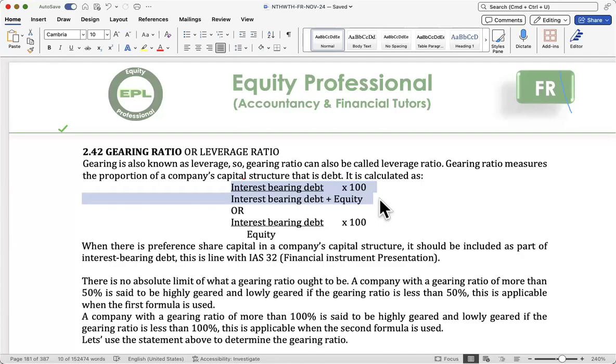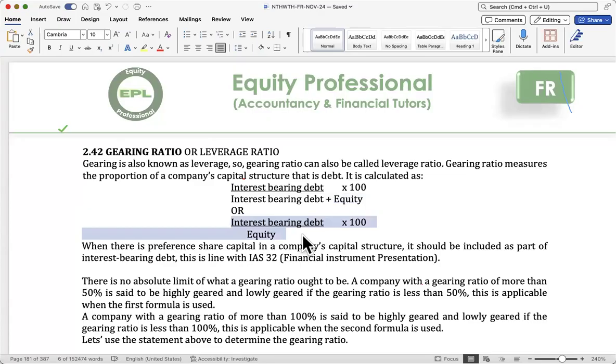When the ratio you get goes beyond 50%, then we say you are highly geared. Since this one is looking at the debt in your entire capital structure, if it is higher than 50%, then you are highly geared. That is bad. This one, when you're just comparing your debt to equity, is high when the ratio you get here is over 100%. It's too high. That means you're highly geared.